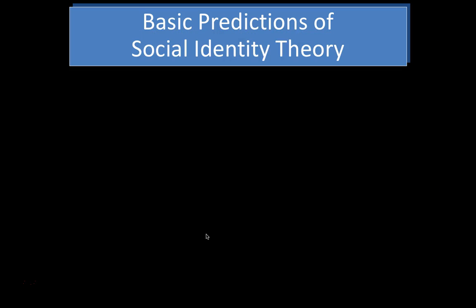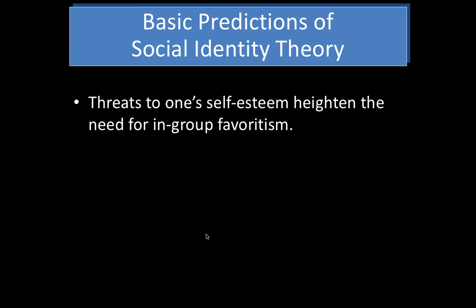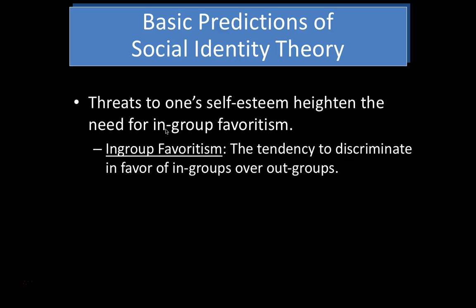So what social identity theory predicts is that when one's self-esteem is threatened, that heightens the need to feel good about our group, to favor our group. That can be accomplished in two ways: to heighten our group's impression, but also to lower the impression of out-groups.